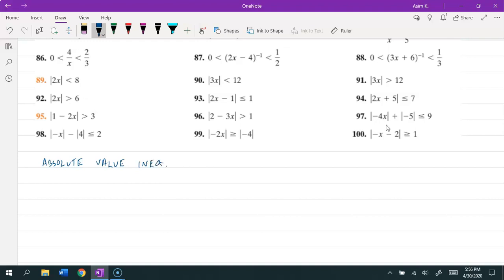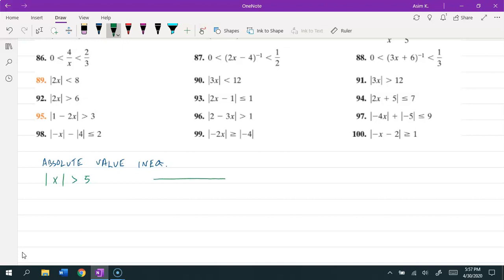In absolute value inequalities, you need to know a few cases just so that you're comfortable with the idea. Let's suppose the absolute value of x was greater than 5. What does that really mean?